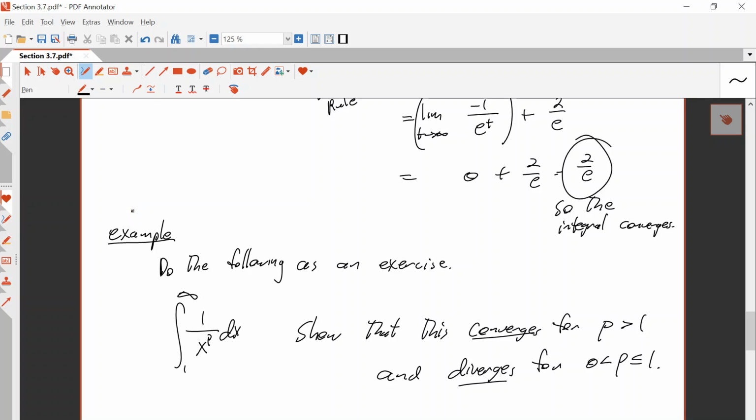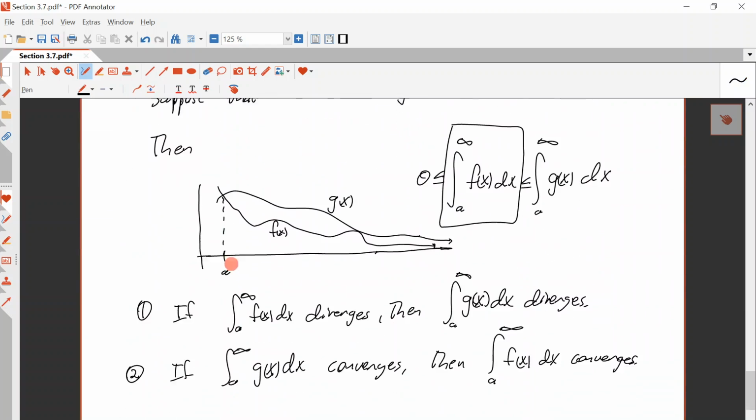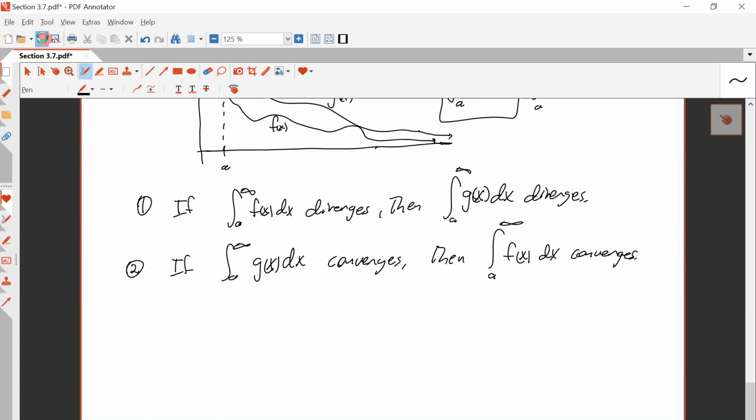So the thing you usually compare to is integrals of this sort, 1 over x to the p. That can often be a comparison that will give you what it is that you're looking for.